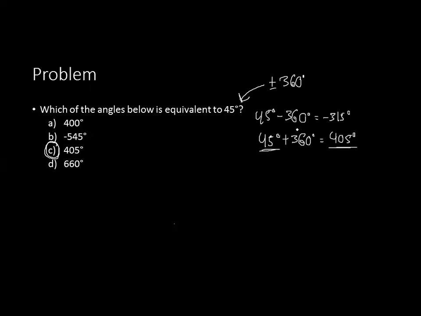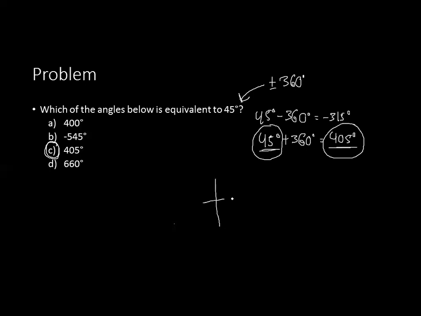Because you see, in coterminal angles, despite their differences in values and signs, as long as they have the same initial side and terminal side, they are equivalent to each other. Therefore, 45 degrees and 405 degrees are the same.